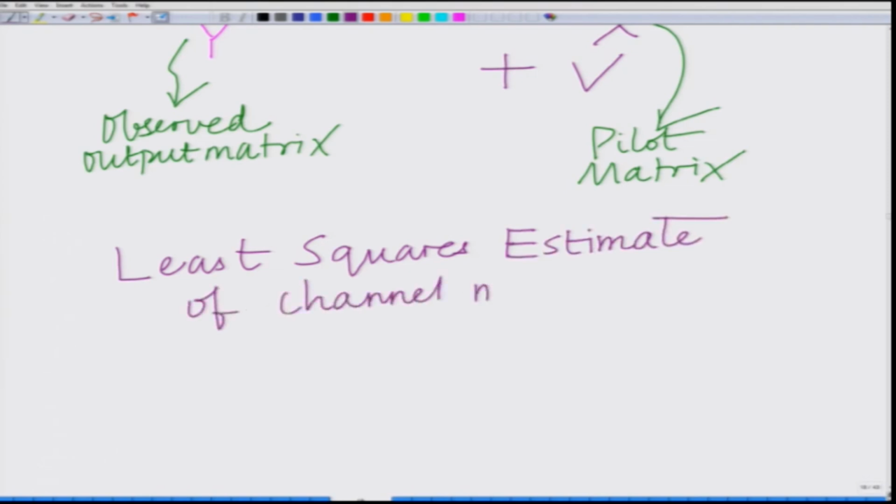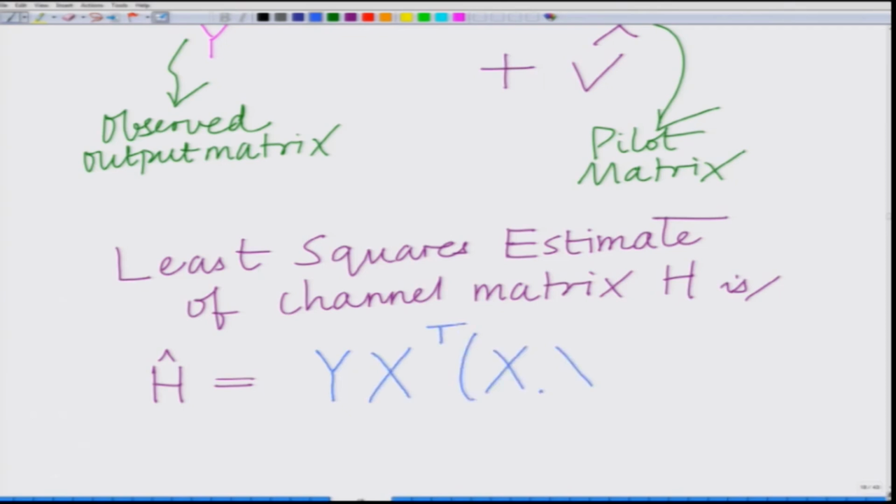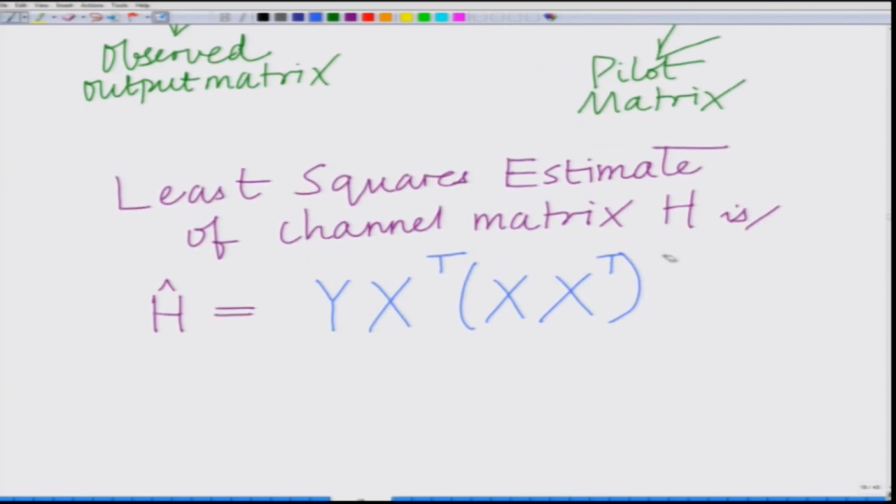H hat equals, remember we derived the expression for this yesterday, y x transpose times x x transpose inverse. This is the least squares estimate of the MIMO channel matrix.